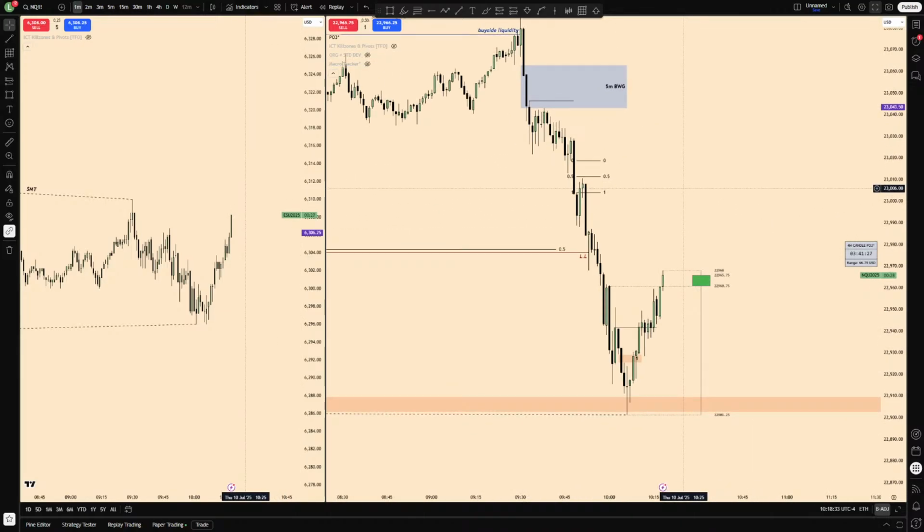I'll probably sit tight. There's a very large 15-minute gap right here, which makes it hard to force anything, which is good.